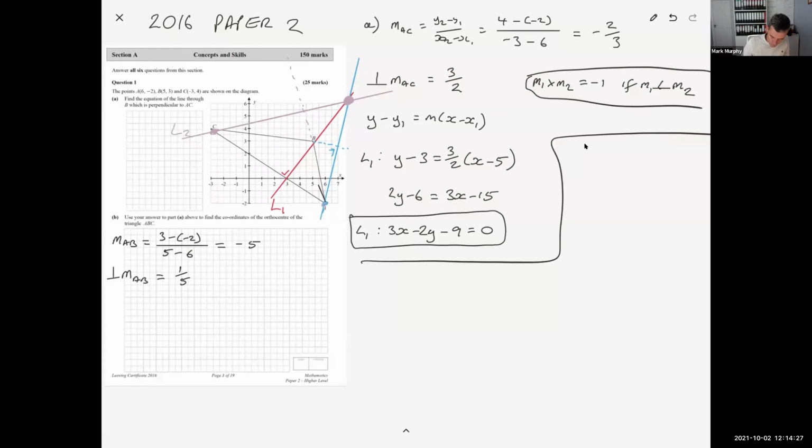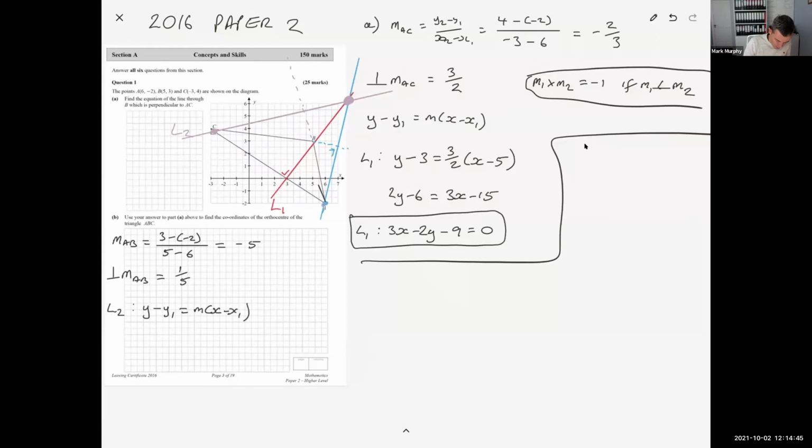So therefore, the equation of L2, again, it's y minus, I'll write it out. y minus y1 equals m into x minus x1. Correct?